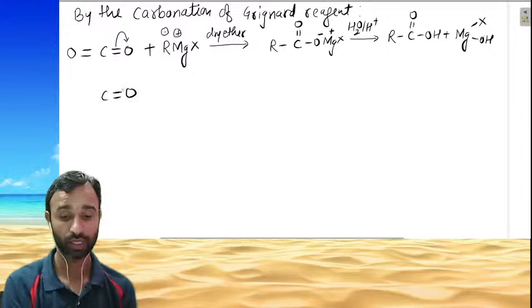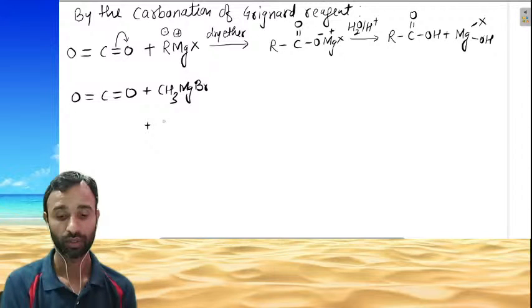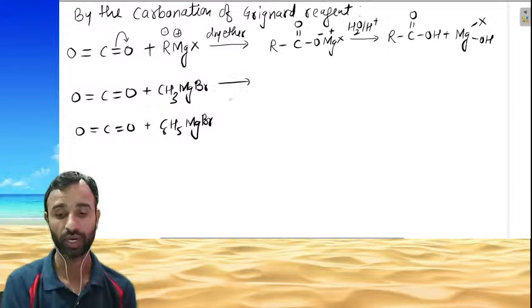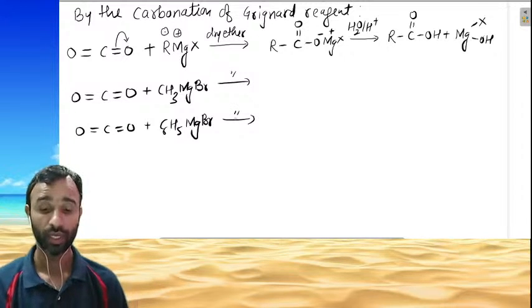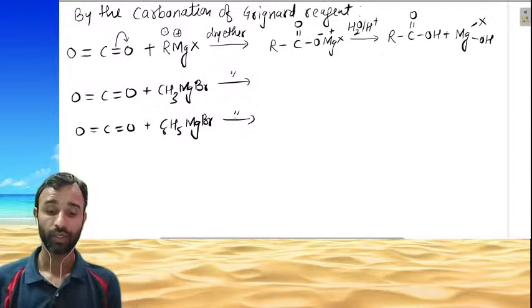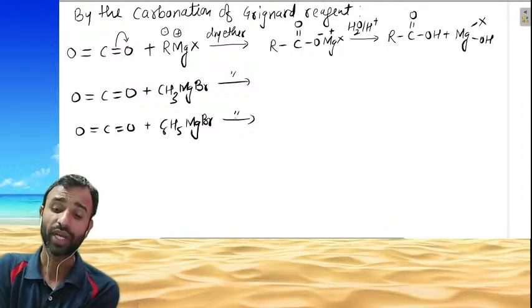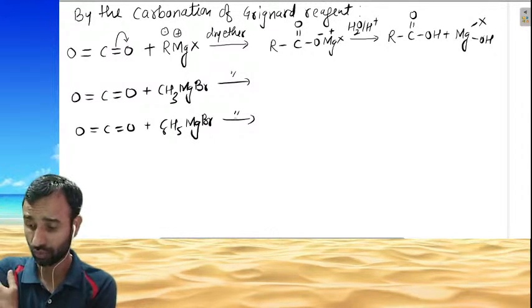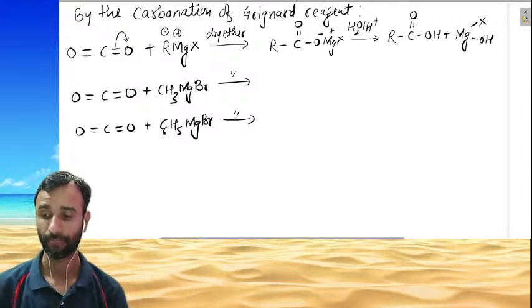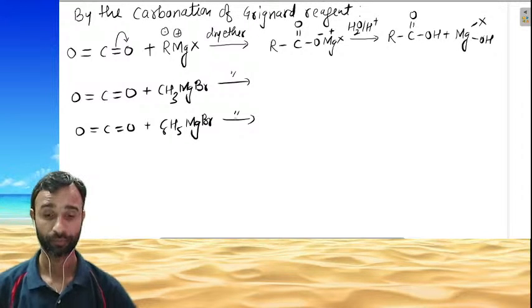Okay, let's say we have simply methyl magnesium bromide or phenyl magnesium bromide. Tell me the final products in both the cases in dry ether. In first case, what will we get? Very simple. And in second case, what will we get? Yes.